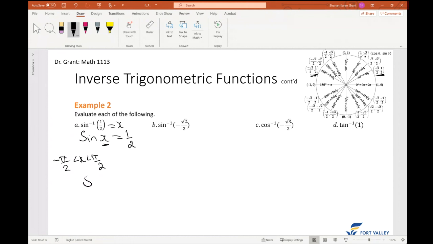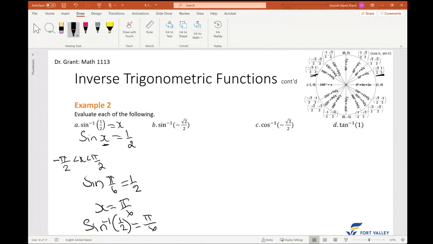So that means sine of pi over 6 is equal to 1/2. So x equals pi over 6, or you can just write the whole thing.